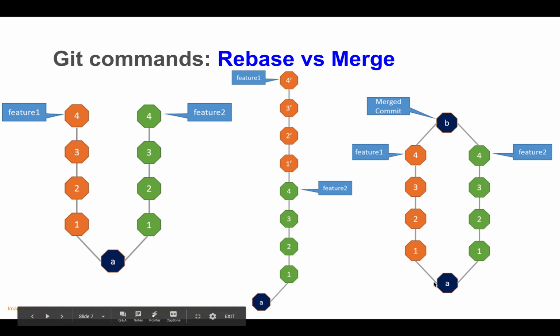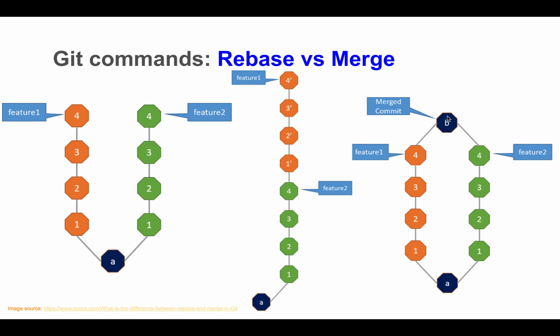If we do git merge, then git will create one more commit, and they will mix all the feature 1 and feature 2 commits together and keep them as one commit. Okay.